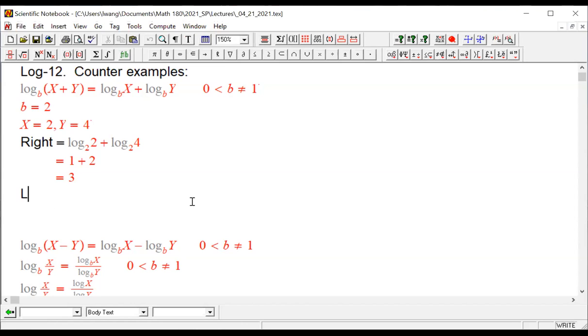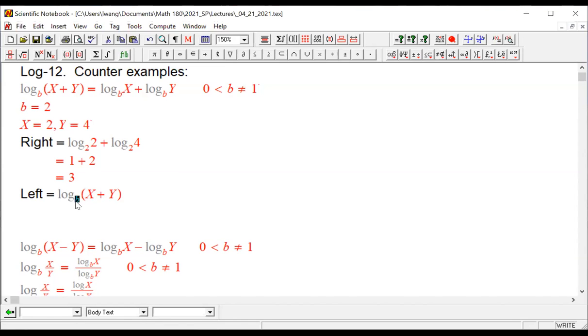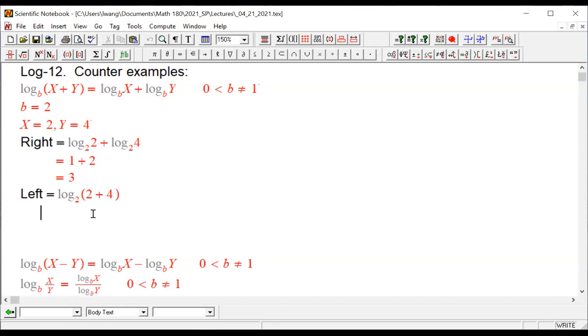Let's see what's on the left-hand side. The left-hand side is this, under base 2, and this is 2 plus 4. And what does that equal to?